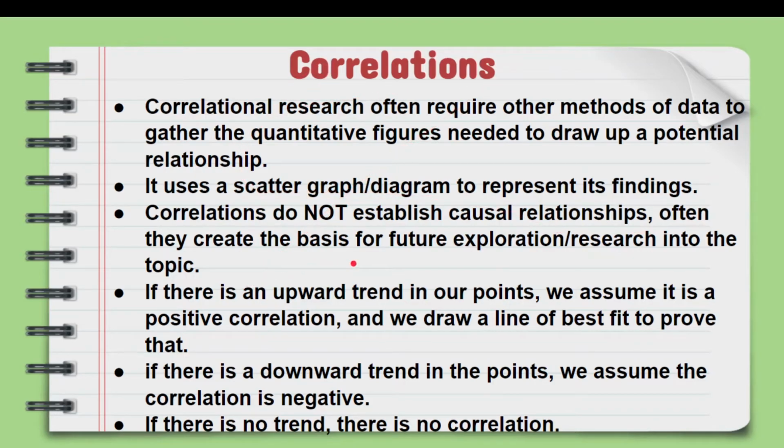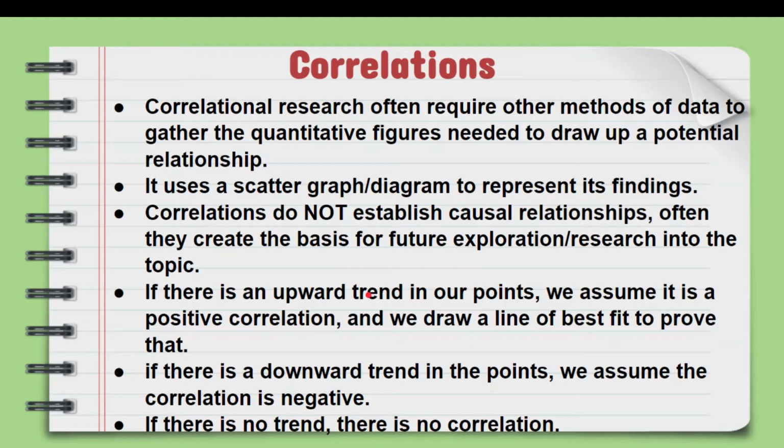They do not establish causal relationships, unlike an experiment, which establishes a causal relationship, so we are hopefully certain that the IV causes the change in the DV. Here there is no manipulation, so there is no causal relationship. We simply see two hopefully related trends.